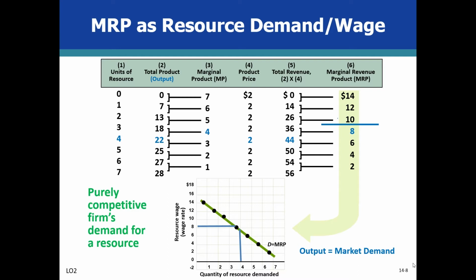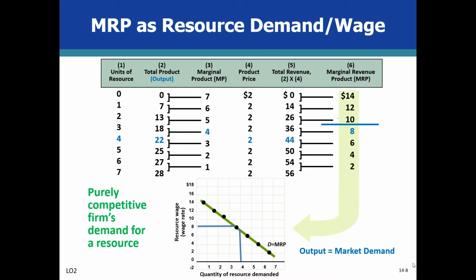These concepts are more easily understood with a table. Looking at the bottom, we see a downward sloping demand curve for labor in a competitive market. At a wage rate of $8, the firm will hire 4 workers.